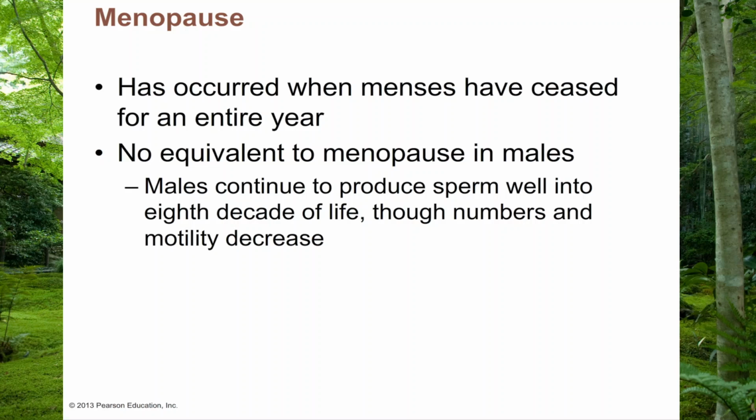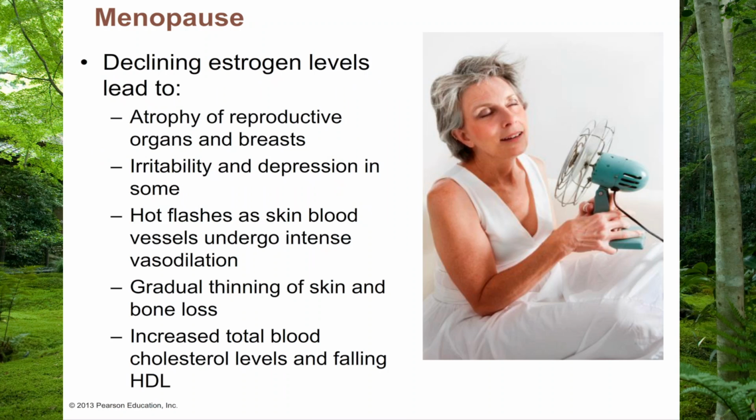So menopause is caused by an abrupt decline in estrogen levels as the female reproductive cycle ceases. And this can lead to the atrophy of the reproductive organs, including the breasts. It can lead to irritability and depression in some people. It also results commonly in hot flashes and mood swings. It can result in a thinning of the skin, hair loss, and also bone loss.